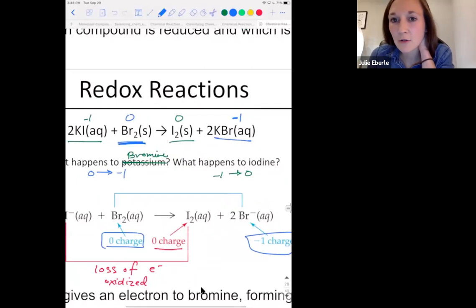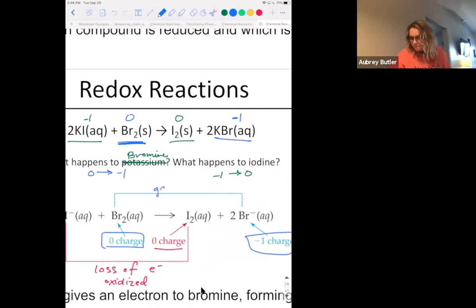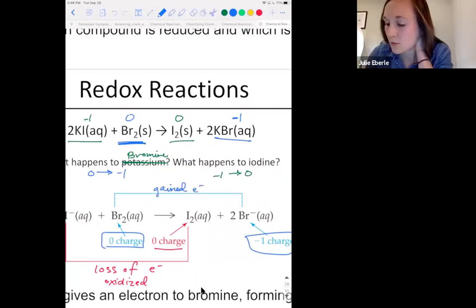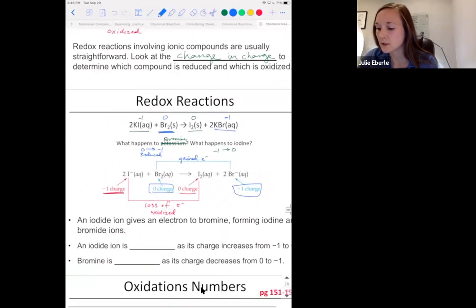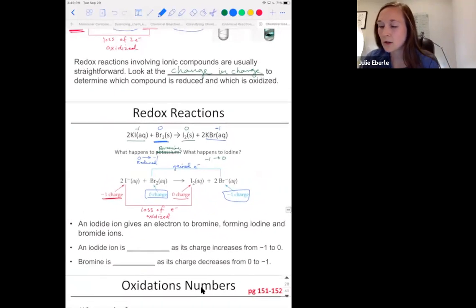So did it gain or lose electrons? Gained. So bromine was reduced from 0 to -1. The charge was reduced. And so to summarize the bullet points down below, here's what's happening.